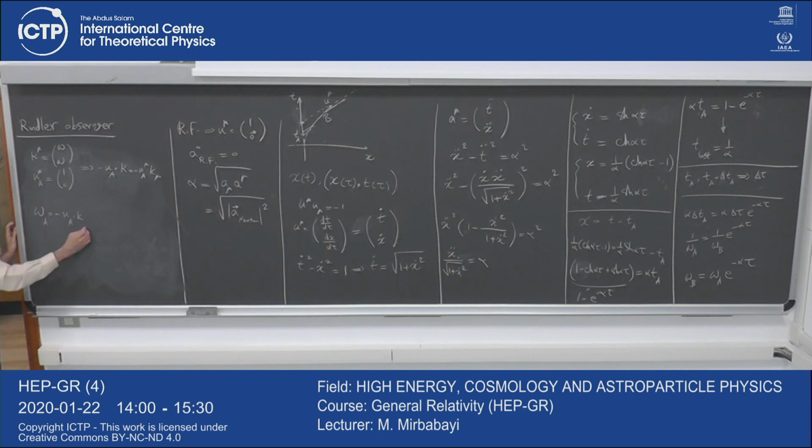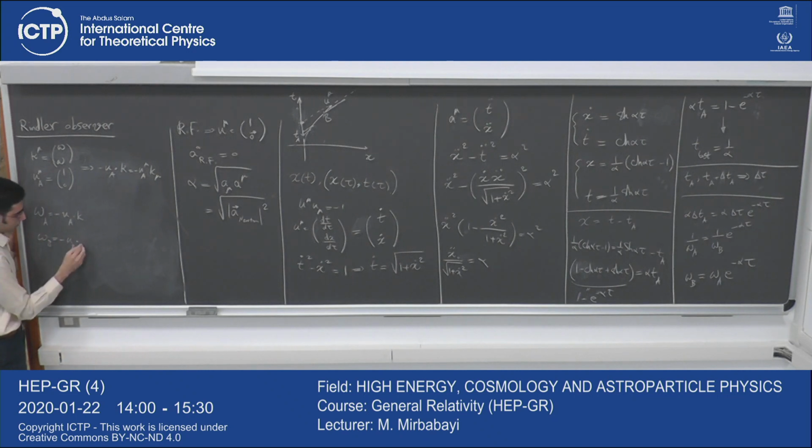And this will be correct for any observer. For any observer, the frequency of the photon would be given by minus the velocity of that observer, the Lorentz product of that with k_mu. So similarly for Bob, that is true.